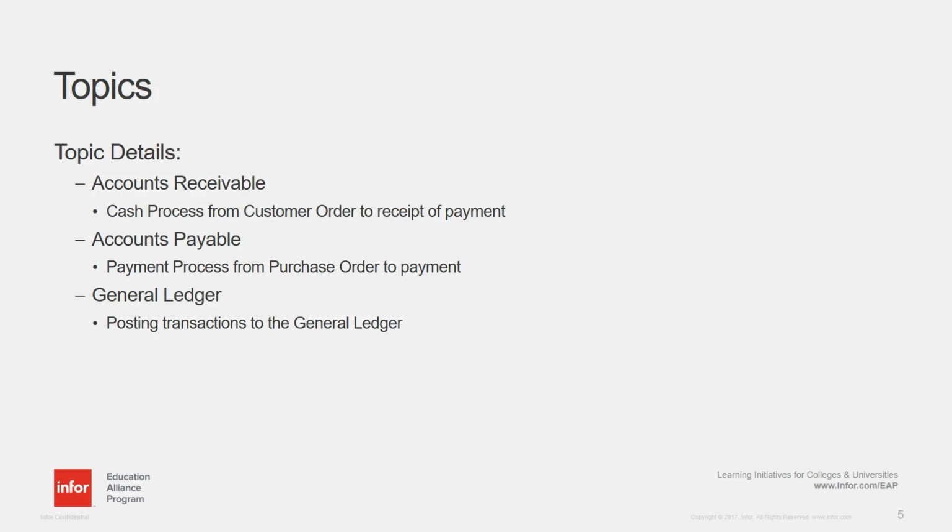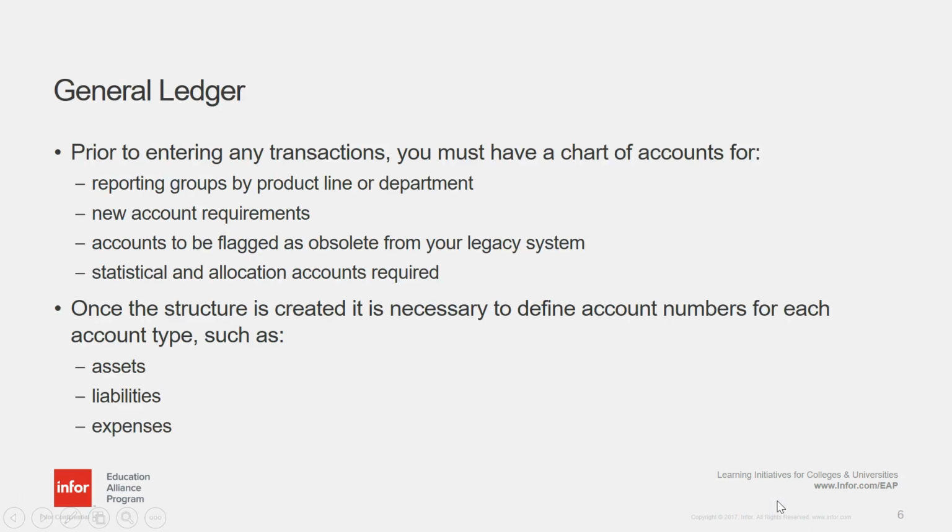So the accounts receivable processes customer orders, as we did in our quote to cash lesson 2, and purchase orders, accounts payable, as we did in lesson 3. That also includes the job orders that we did in lesson 4. Again, all transactions are posted to a distribution journal. The distribution journal is then posted to the general ledger.